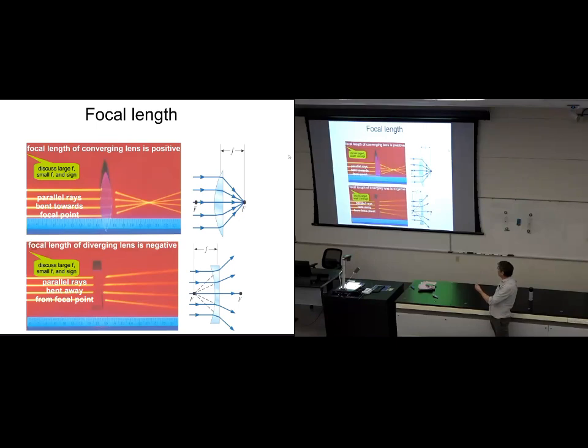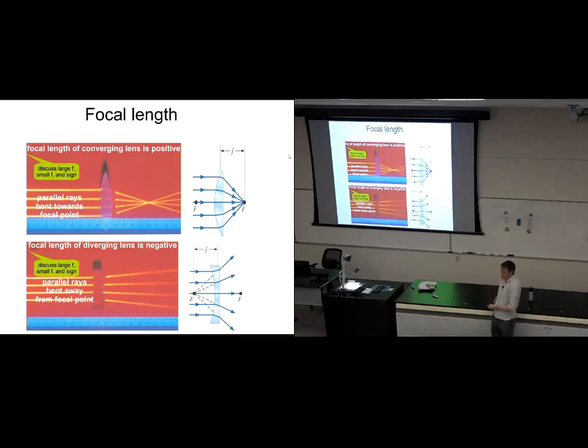And if we're shining parallel light rays on the converging lens, then they converge to the focal point. So this is a way of seeing or measuring or experiencing the focal point by shining parallel light rays on it and seeing where they converge to. So here is the focal point. This is the focal distance from the center of the lens.